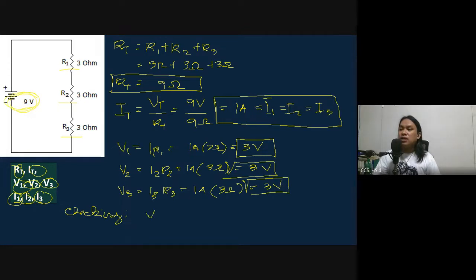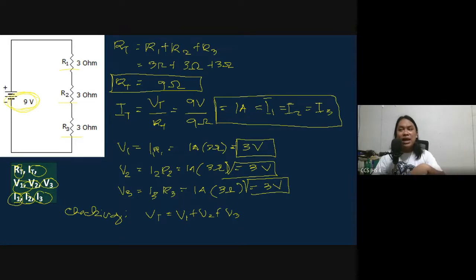So total voltage is equal to, let's use the condition from series circuit. Total voltage is equal to V sub 1 plus V sub 2 plus V sub 3. Or you can also use the formula from Ohm's law.